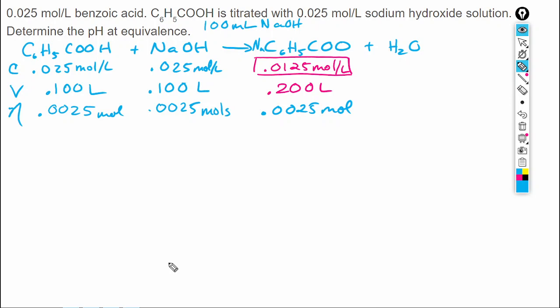But now we have to think about the acid-base properties of salt solutions. So the sodium benzoate. We have to find out if that salt dissolved in water can affect pH. What two ions does that salt make?